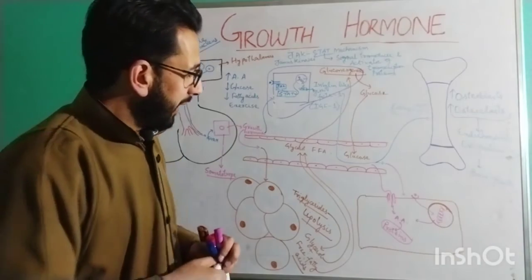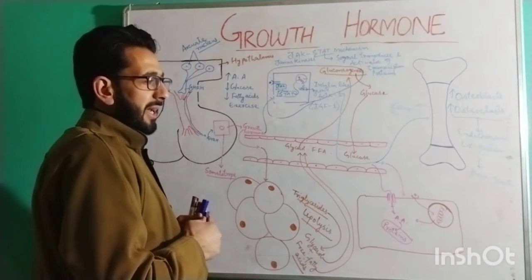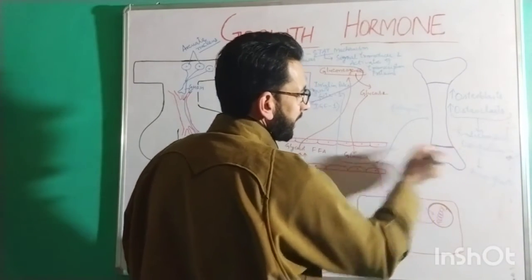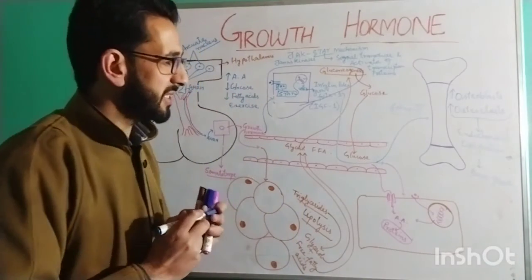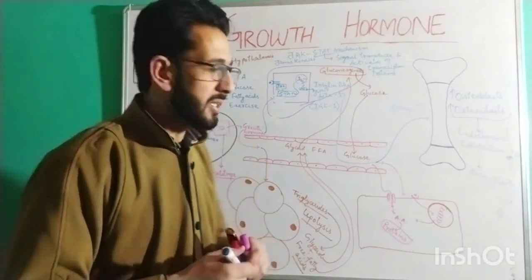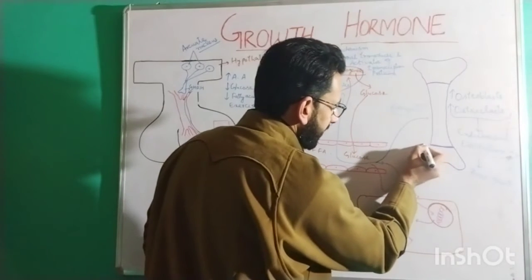Fine. Then this insulin-like growth factor has its effect on the epiphyseal plate also. The epiphyseal plate, which is present between the epiphysis and diaphysis in the long bones. Fine. So here is the epiphyseal plate.